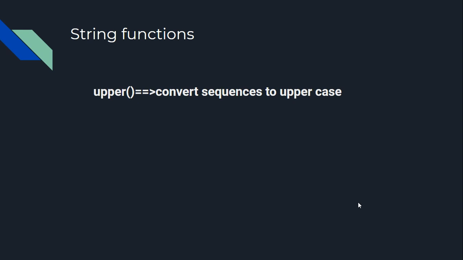For strings we have some inbuilt functions that Python has created for you, so you don't need to create them and can directly use them. The first function is upper, which will convert whatever your string is to uppercase.